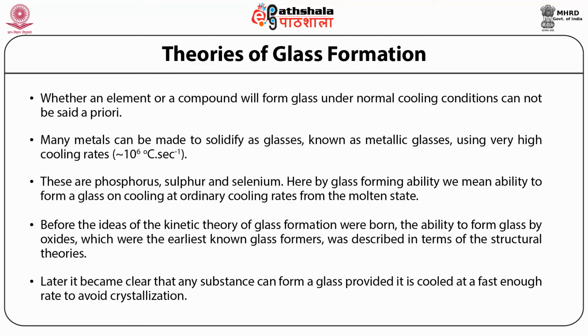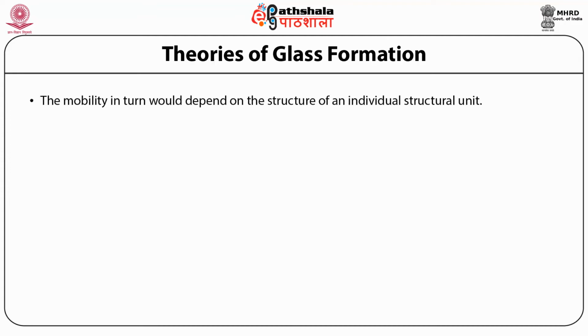Later, it became clear that any substance can form a glass provided it is cooled at a fast enough rate to avoid crystallization. As crystallization involves bringing the structural units into a definite ordered formation with respect to one another, crystallization would depend on the mobility of the structural units. The mobility in turn would depend on the structure of an individual structural unit.